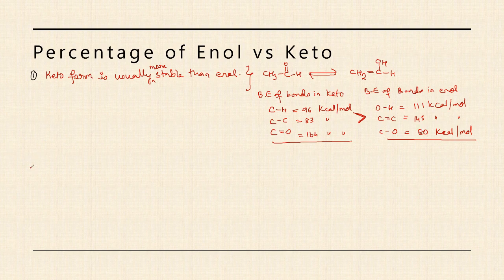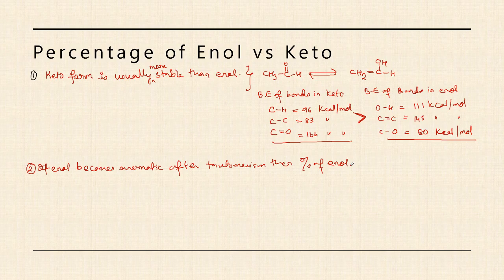अब enol form कैसे increase कर जाएगा? If enol becomes aromatic after tautomerism, then percentage of enol will be very high. It will be very high.